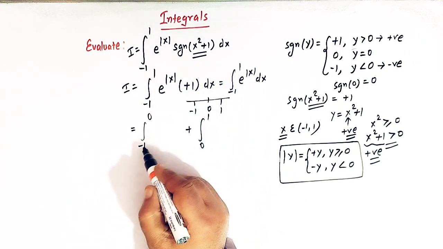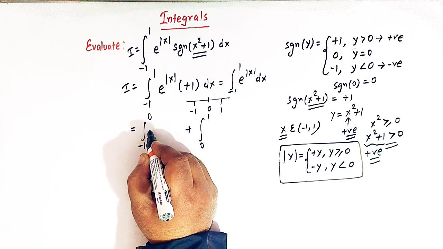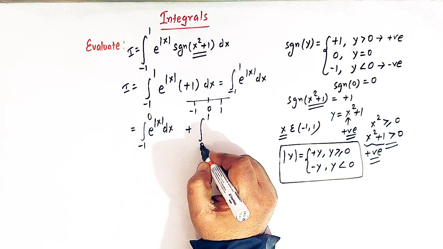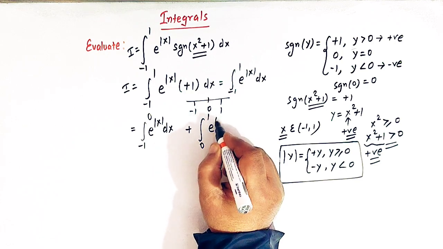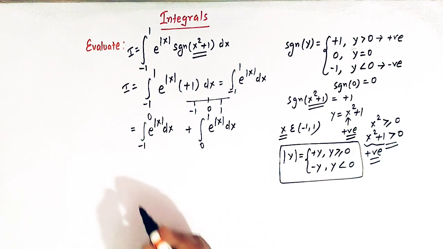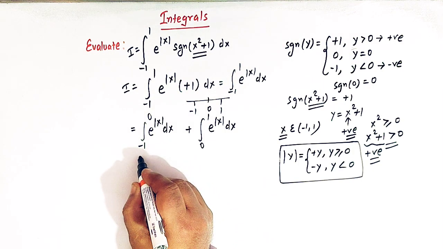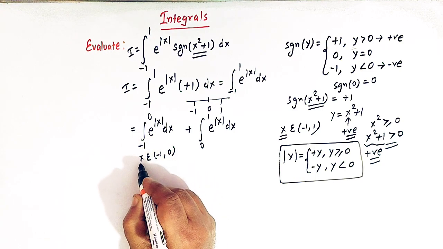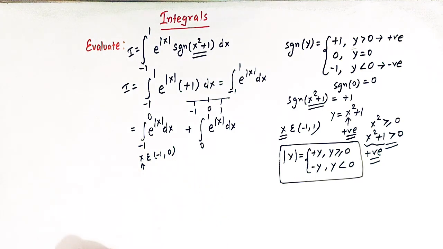The first integral is from -1 to 0 of e raised to mod of x dx, and from 0 to 1 we have e raised to mod x dx. Now when x goes from -1 to 0, all the values of x are negative.